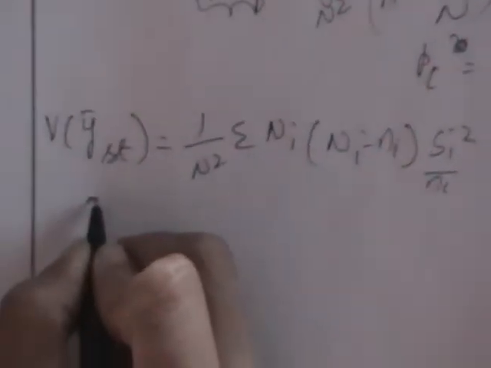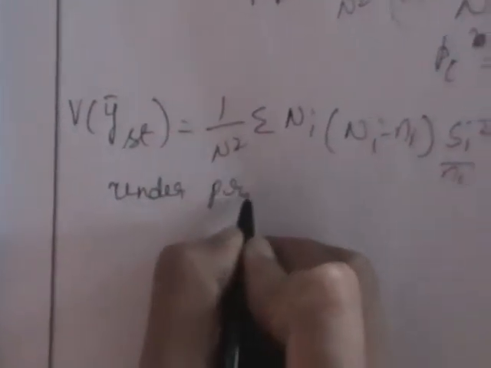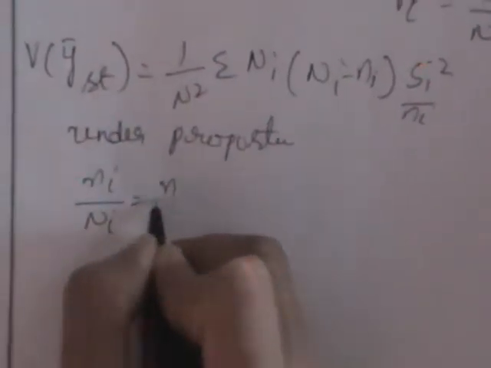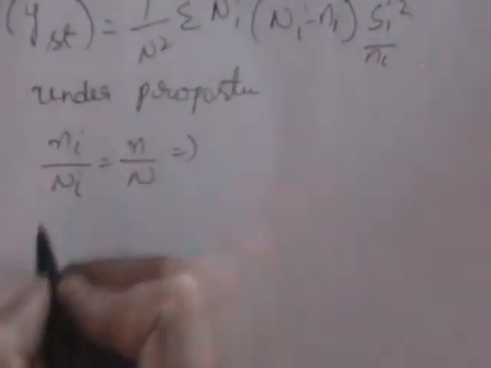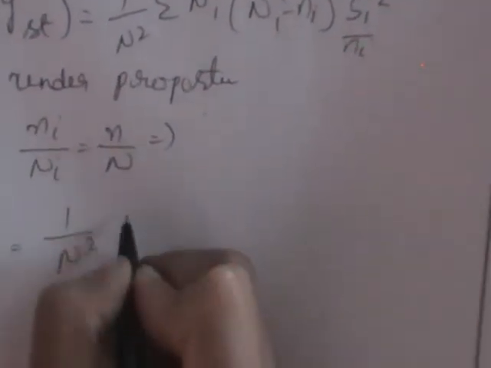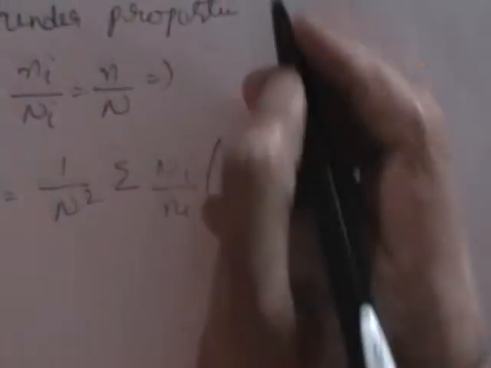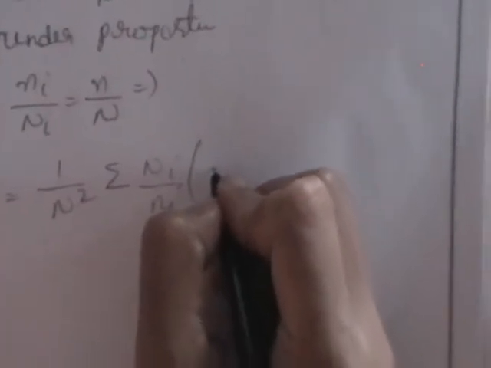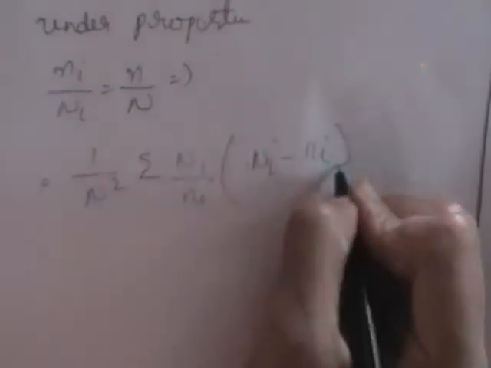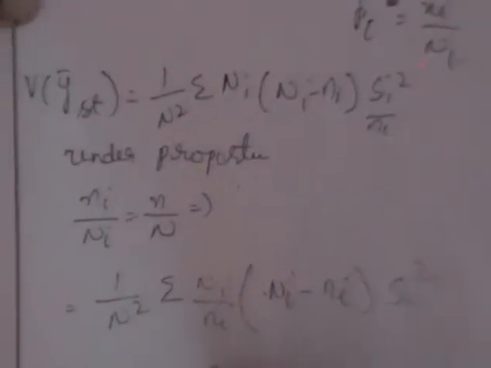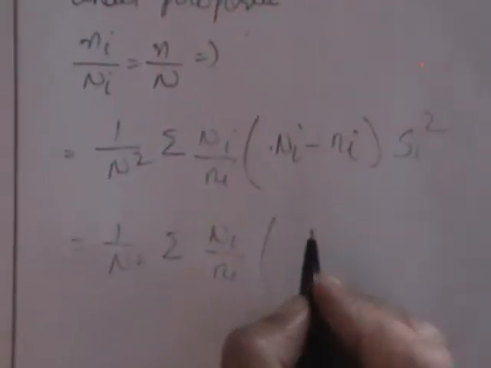Now, what is the rule under proportional allocation? ni by Ni is equal to n by N, which implies that you can substitute here 1 by n. Let us simplify this.